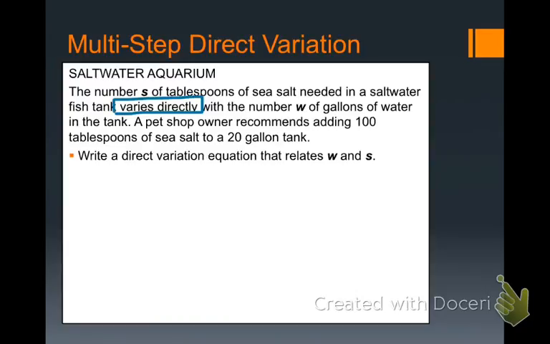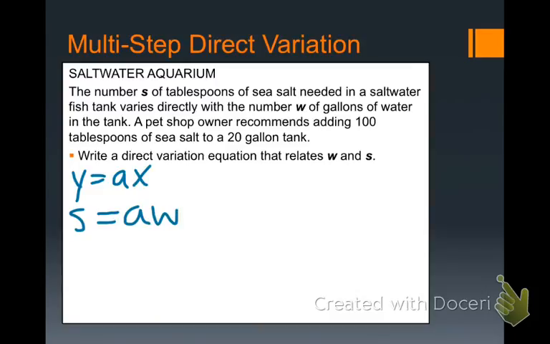If you see that, you are setting up an equation of the form y equals ax, except in this case we have S and W. Our y and our x are actually S and W. So we have S, the amount of sea salt, is equal to the constant of variation times W, the amount of water.